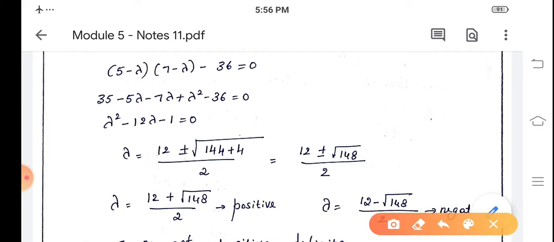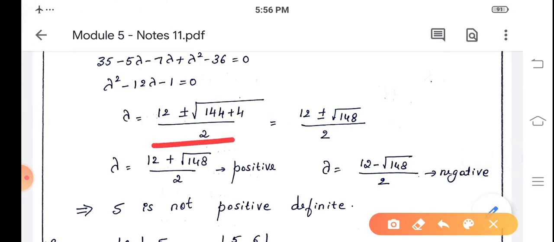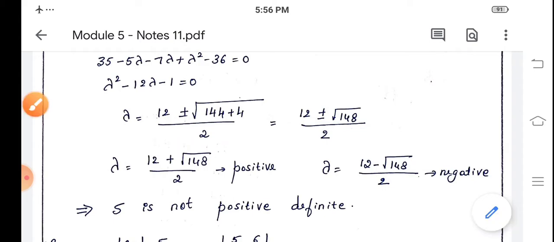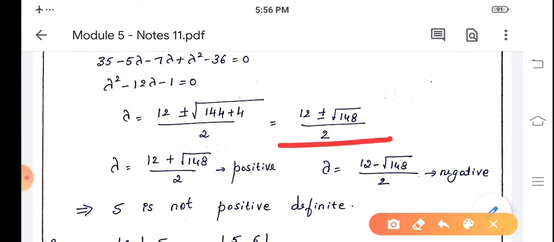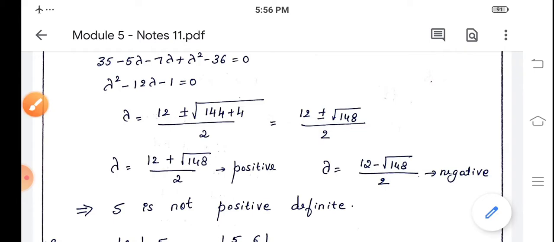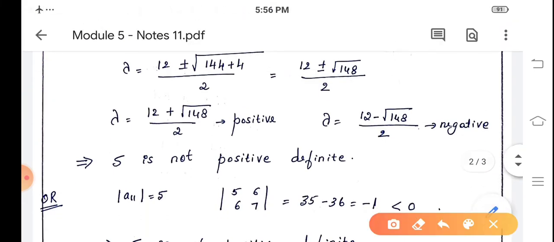Here we are getting quadratic equation. So we can find the roots using the formula for quadratic equation, that is lambda equal to minus b plus or minus square root of b square minus 4ac divided by 2a. Now we are getting lambda equal to 12 plus or minus square root of 144 plus 4 divided by 2. That will be 12 plus or minus square root of 148 divided by 2. That is lambda equal to 12 plus root 148 divided by 2.